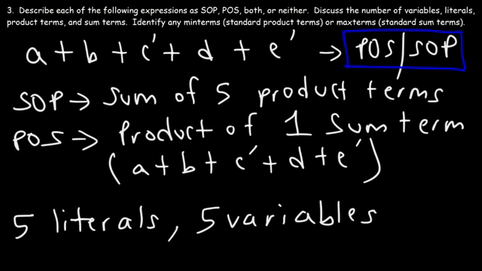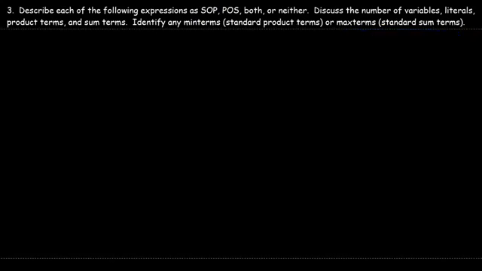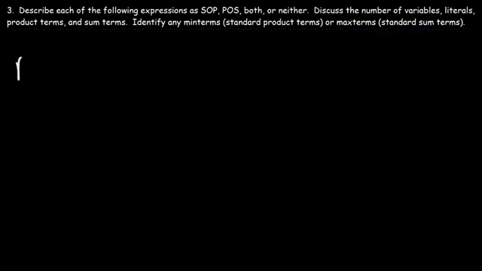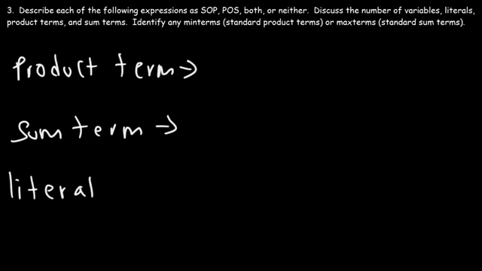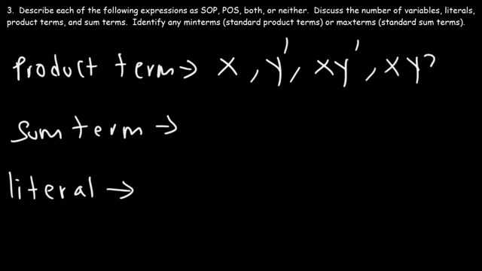Make sure that you understand the difference between a product term, a sum term, and a literal. A product term could be just a single variable x, it could be y prime, or it could be multiple literals multiplied to each other, like xy prime or xyz.